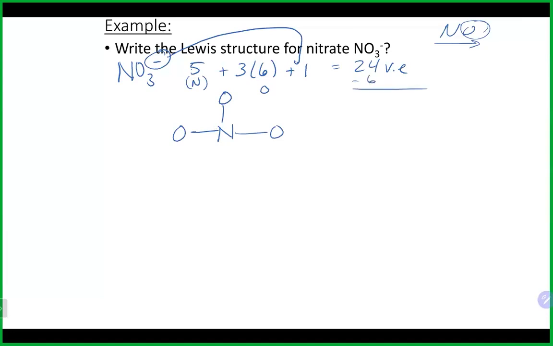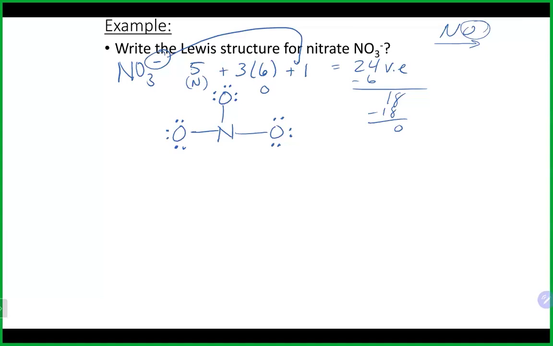That's going to leave me 18 electrons, I hope. Those again are going to go on the outside in pairs of electrons. So 2, 4, 6, 8, 10, 12, 14, 16, and 18 electrons. I am out of electrons at this point.